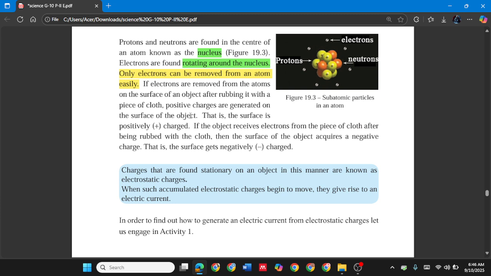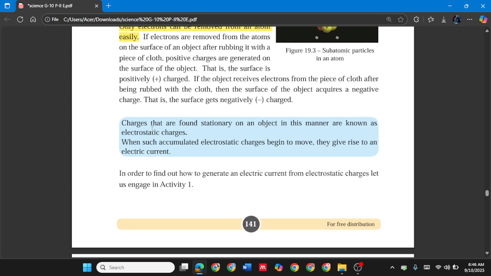And if some object receives electrons, it gains more electrons than its protons, so its negative charge increases. So finally we say it gets a negative charge. It is negatively charged. Charges that are found stationary on an object in this manner are known as electrostatic charges.